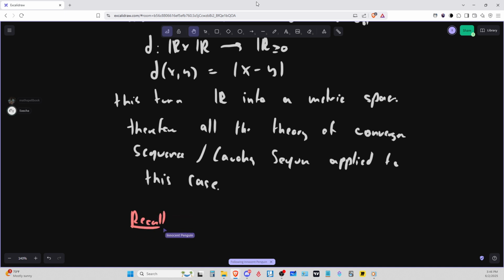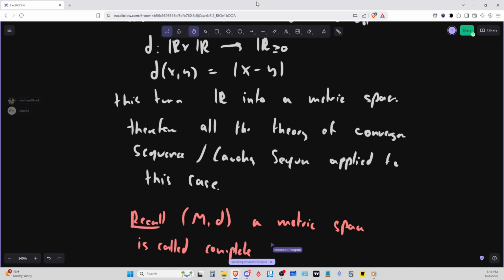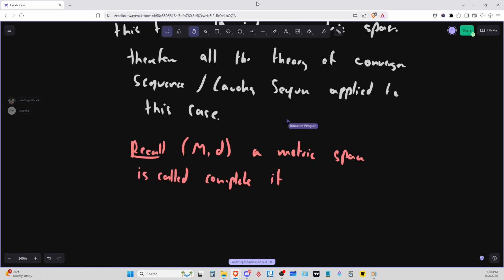And maybe I will just recall something that I mentioned once. We said that a metric space, or maybe (M, d) is a metric space, is called complete if all Cauchy sequences are converging.